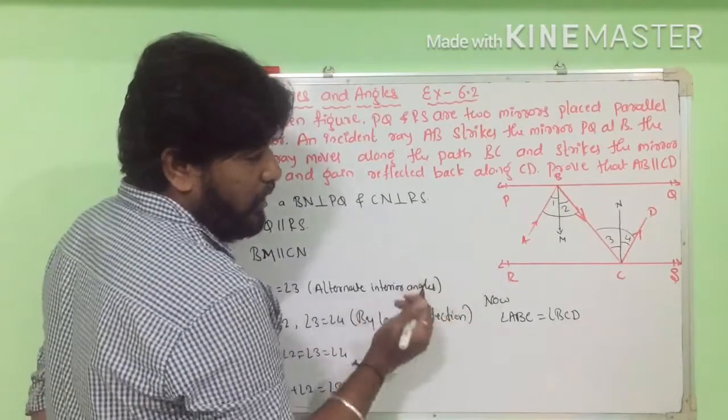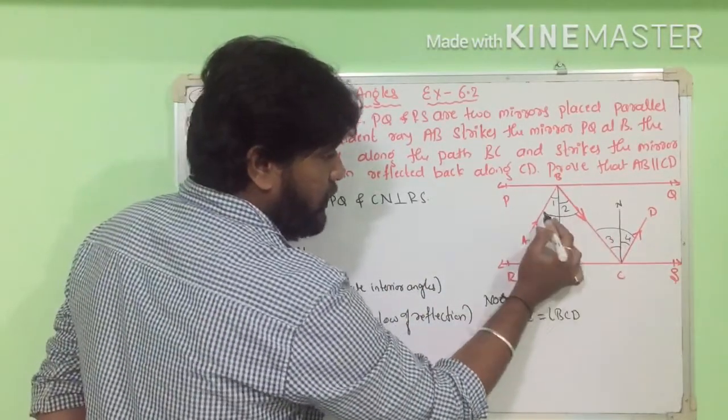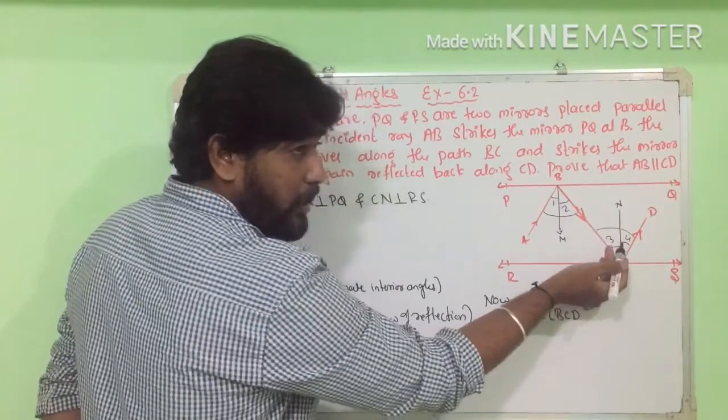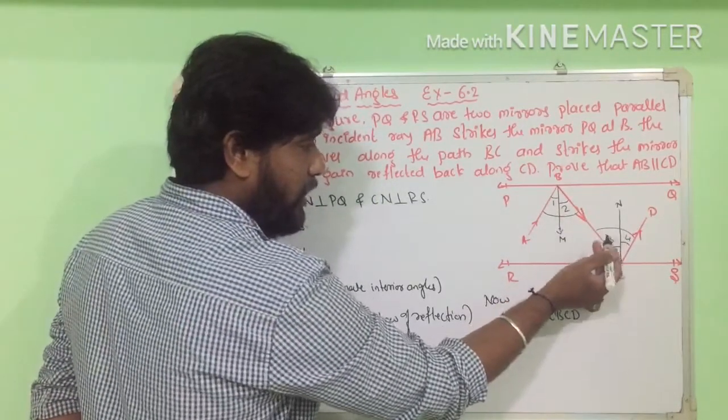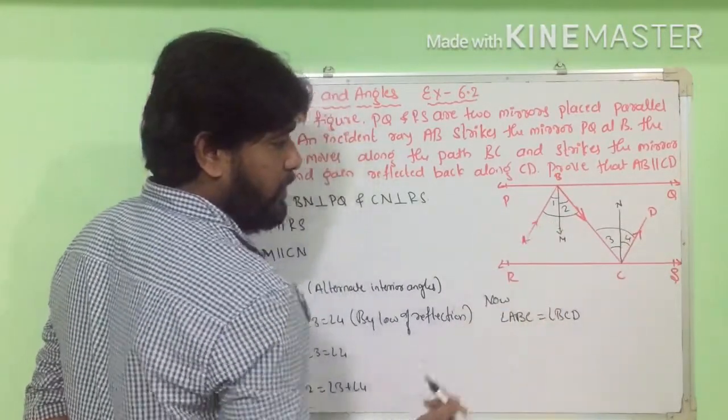These two angles are equal, and BC is a transversal. So these two angles are equal, which means these two are alternate interior angles. Alternate interior angles mean AB is parallel to CD.